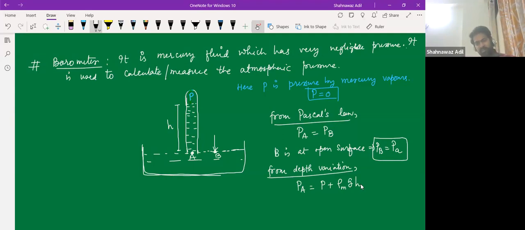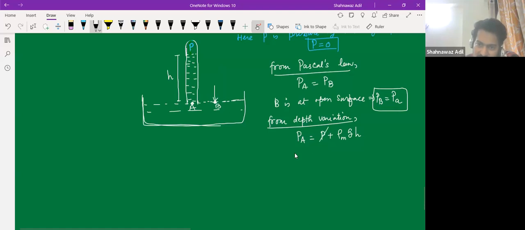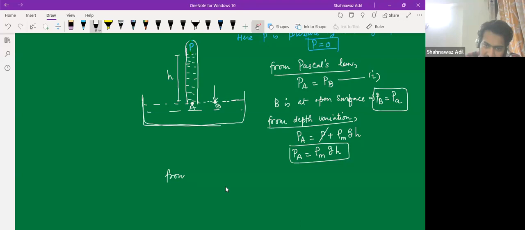Am I correct, everyone? Yes, sir. So you see that this P is zero, so PA is density of mercury, g and h. Now from Pascal's law we can write PA equal to PB. PA is rho m g h, and PB is atmospheric pressure.